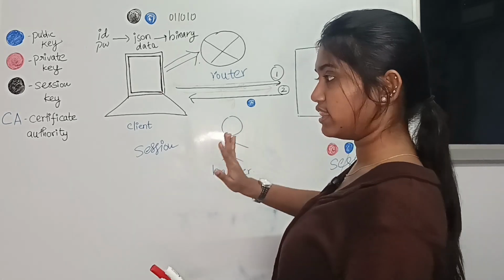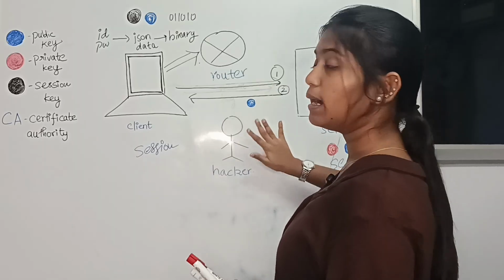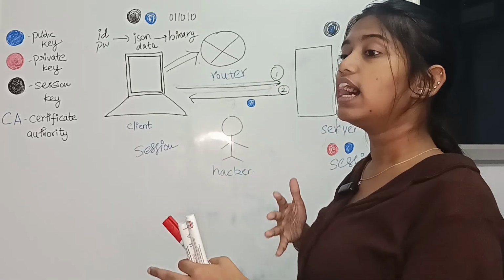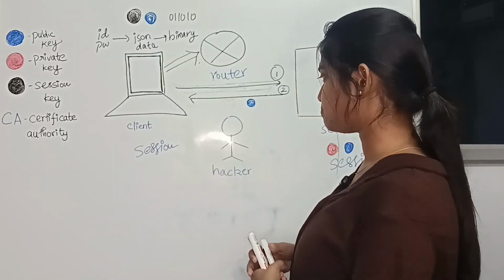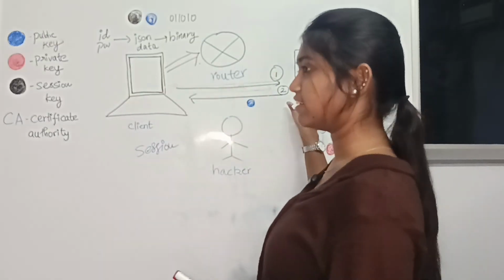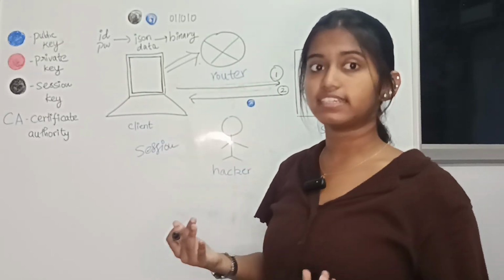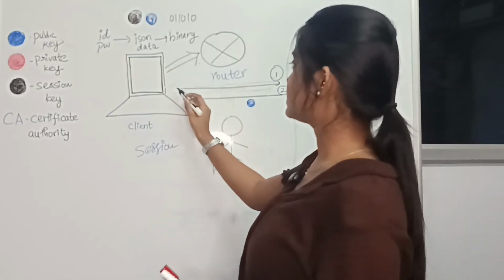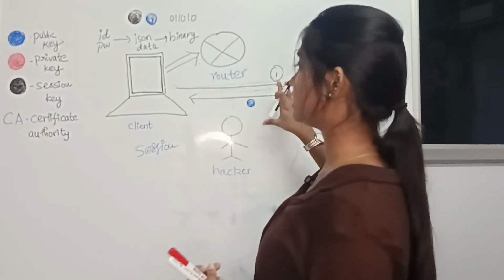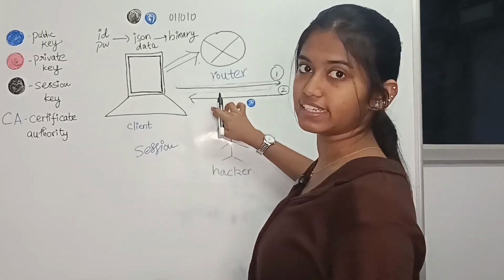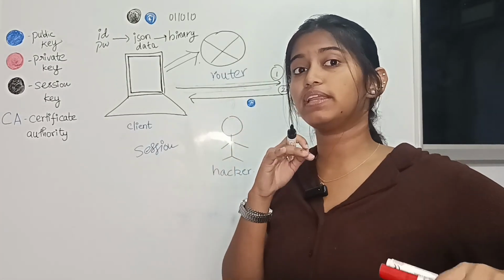Now you think the hacker is the server, but he has actually intercepted and pretends to be the server. The client tells the server, hey, I want to send data. This is being sent here, but the hacker intercepts into the network. Why does this happen?